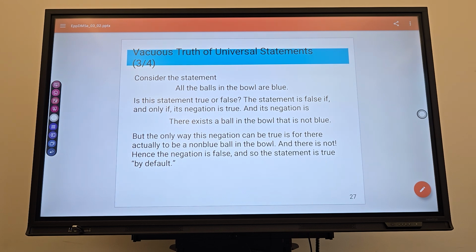But the only way this negation can be true is for there to actually be a non-blue ball in the bowl, and there is not. So the negation is false. So the statement is true by default, or vacuously true.